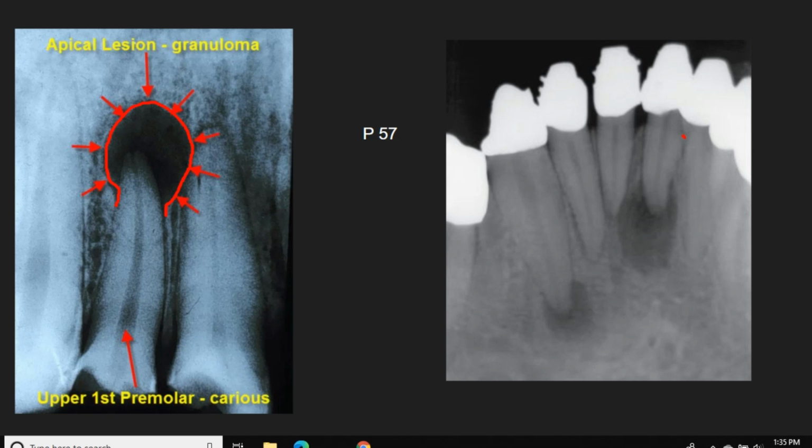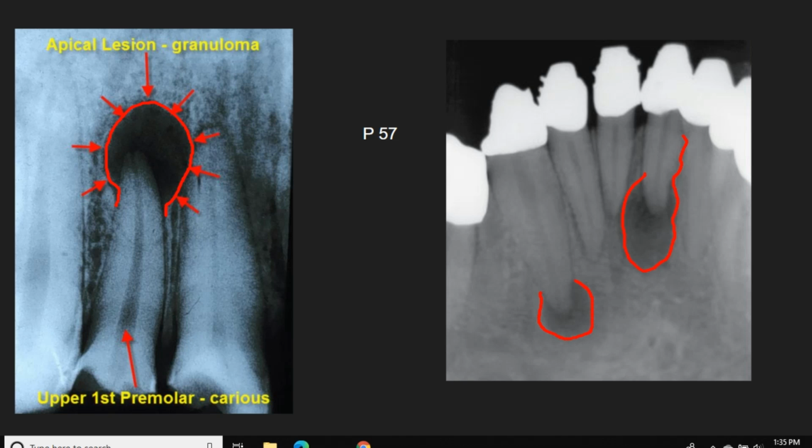If you follow down that periodontal ligament space, right about here, it starts to widen out this whole big area. And then same thing over here. This side, it's not quite as wide.